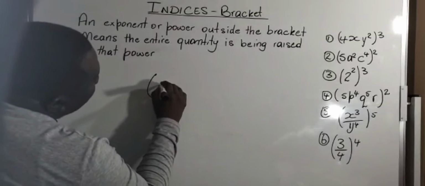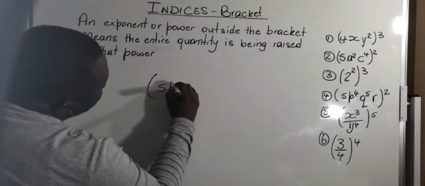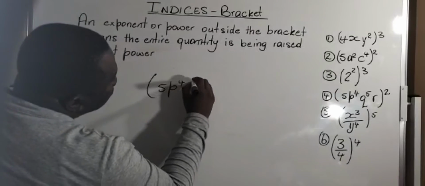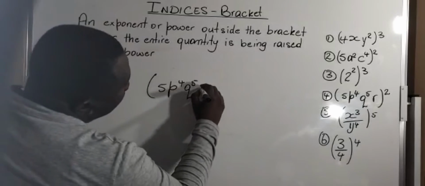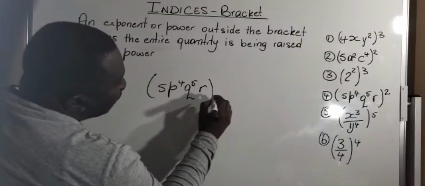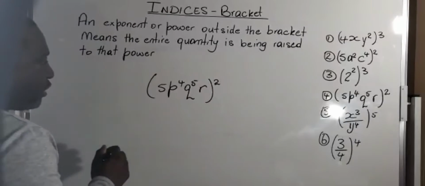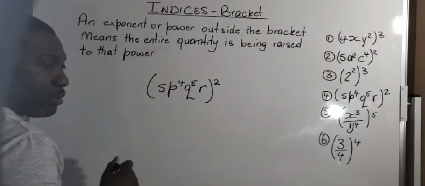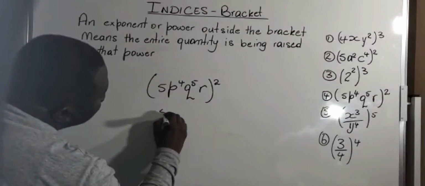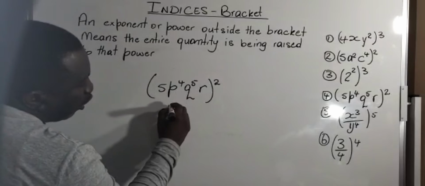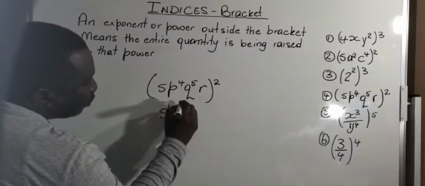Bracket open, 5, p to the 4th, q to the 5th, and the r is being raised to the power of 2. So again, guys, we're gonna look at each. So this will be 5. You want to put 1 here times 2, that's fine.